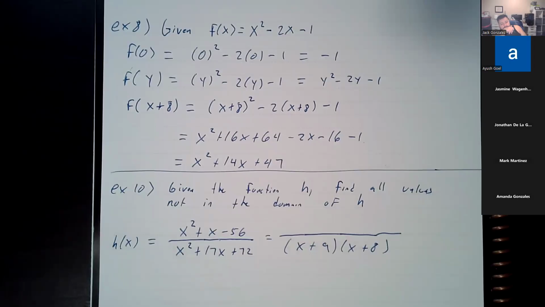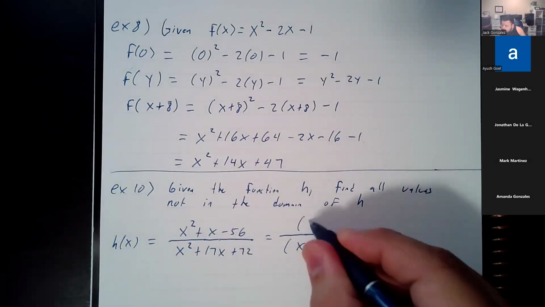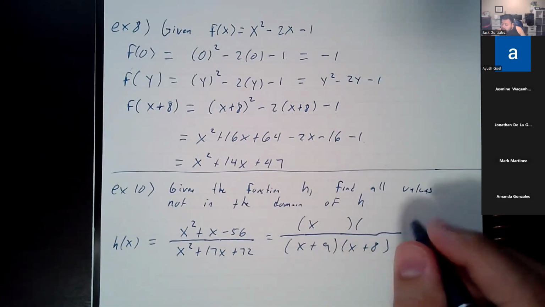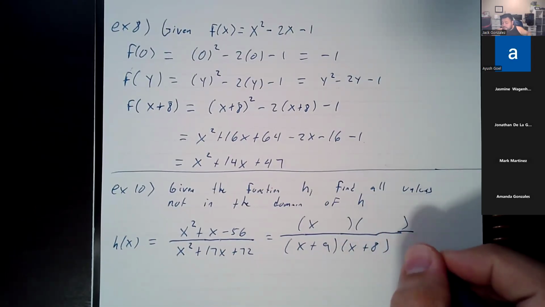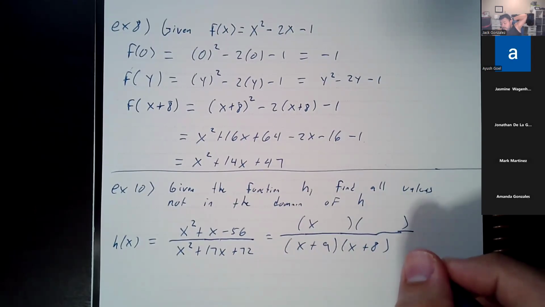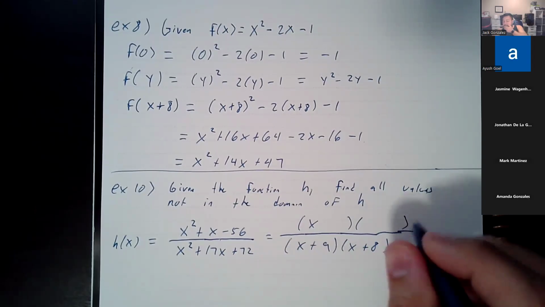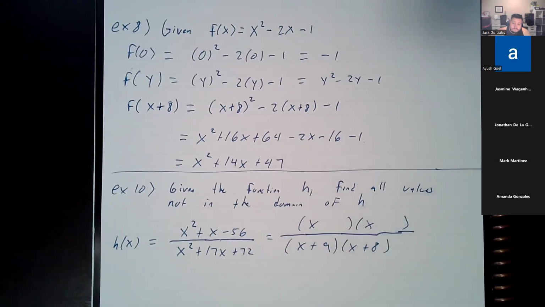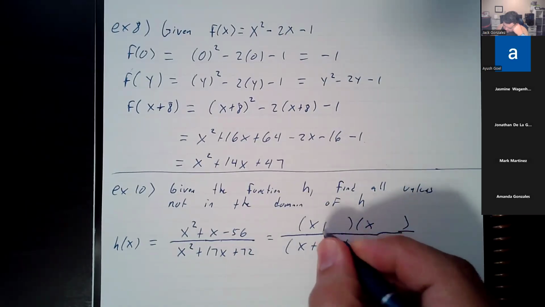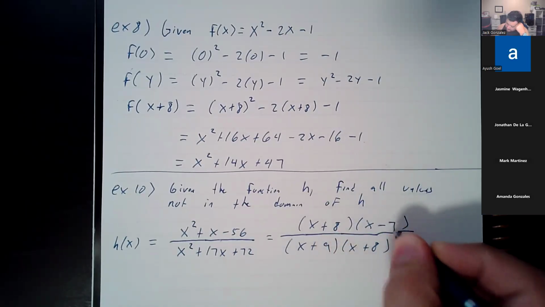Negative 56, factors of negative 56 that add up to 1. What would that be? We're going to make the bigger one positive because I needed it to add up to a positive.